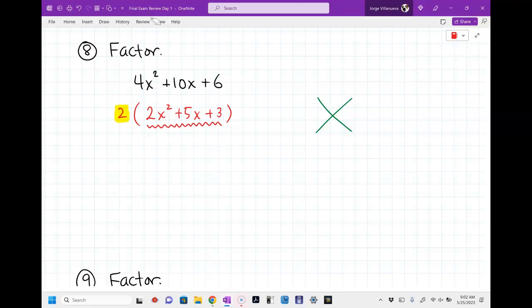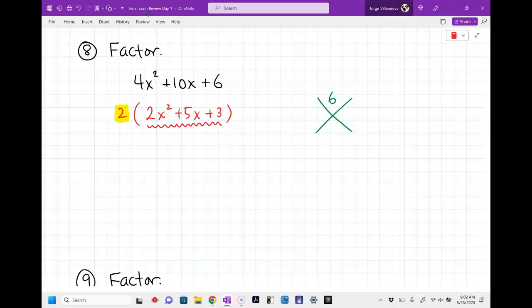I'm sorry, not a 30, a 24. If I would have done 4x squared plus 10x plus 6, 4 times 6 is 24. Then you got to think of all the factors of 24. So 1 and 24, 2 and 12, what do you got? 3 and 8, 4 and 6. That's a lot of factors, right? But now that I took out that 2, the number on top is a 6. That's easier.